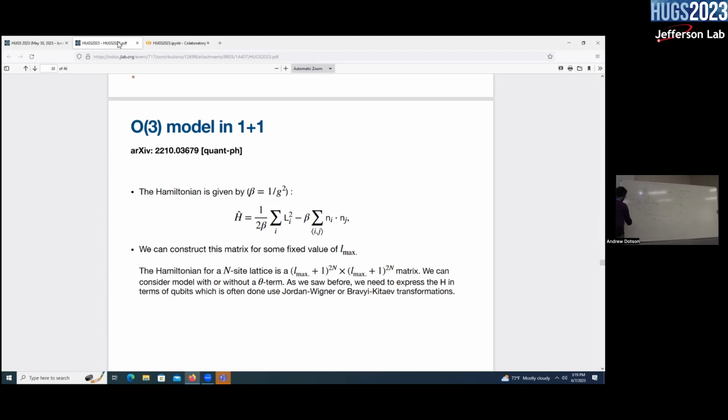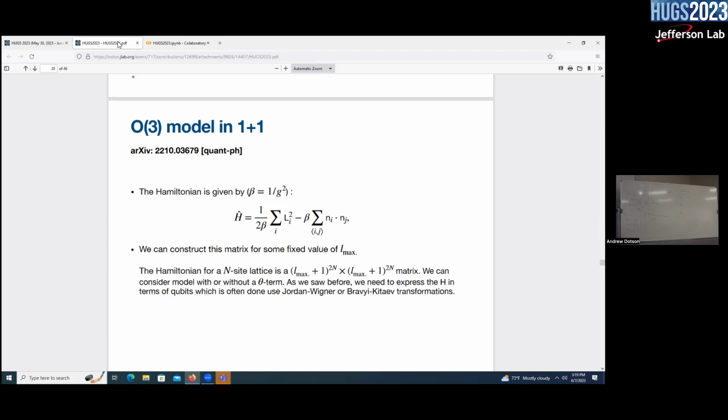If you take L max of 0, the local Hilbert space is just one-dimensional. If you take L max of 1, the local Hilbert space is 1 plus 3, which is 4. And if you take L max of 2, the local Hilbert space is 1 plus 3 plus 5, which is 9. And there's a pattern. The pattern is it's always L max plus 1, squared.